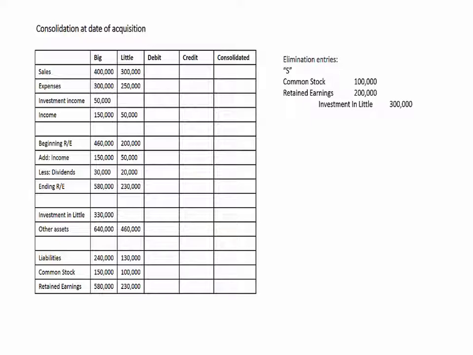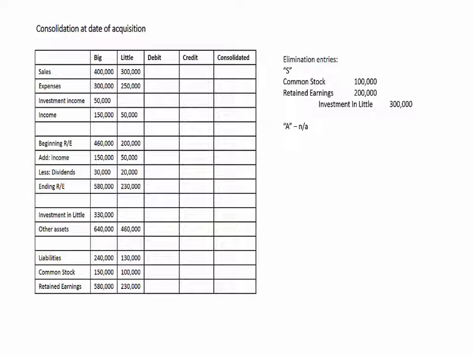There's beginning retained earnings of 200,000. There's ending retained earnings of 230,000. We eliminate the beginning of year retained earnings balance. And we close that against our beginning of year investment in little. At the beginning of this process, the investment in little account had a balance of $300,000, our initial acquisition cost.